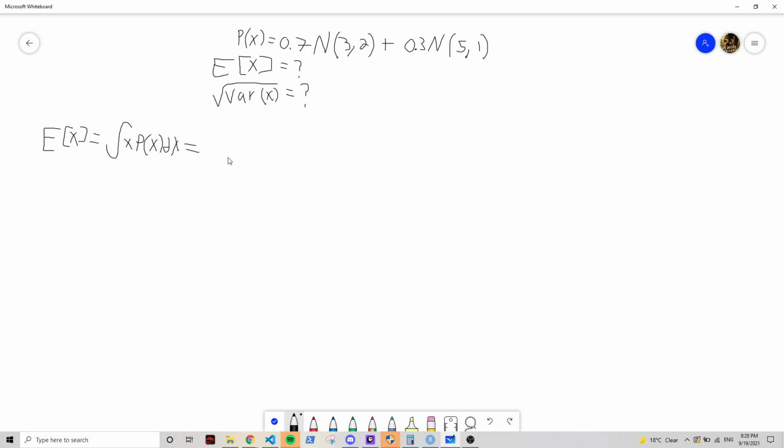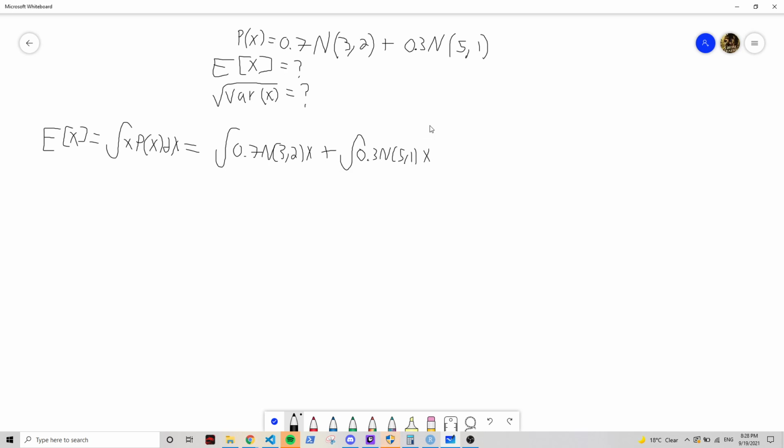the integral of 0.7 N(3, 2) times x plus, due to linearity, the integral of 0.3 N(5, 1) times x, and of course this is with respect to dx, but I was kind of lazy and didn't write it.